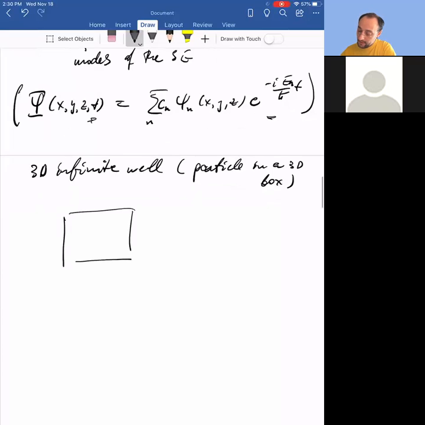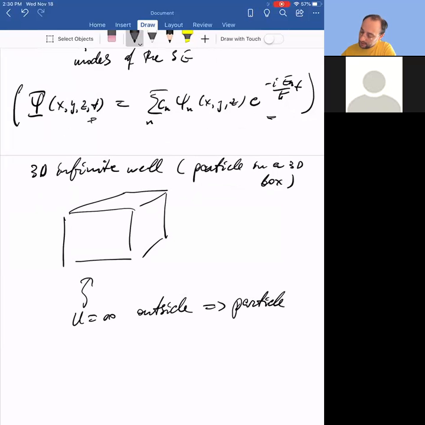So you have some kind of a three-dimensional box, and U equals infinite outside. Particle can't be there. Psi equals zero there. And by continuity, the psi will also be zero on the edges of the box.